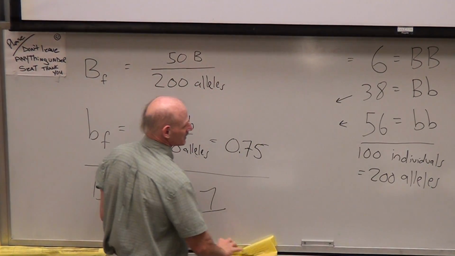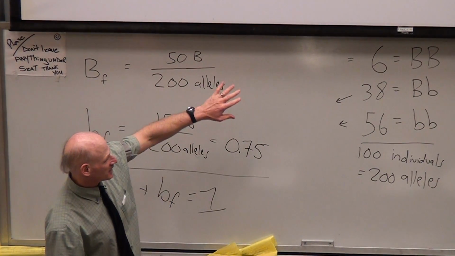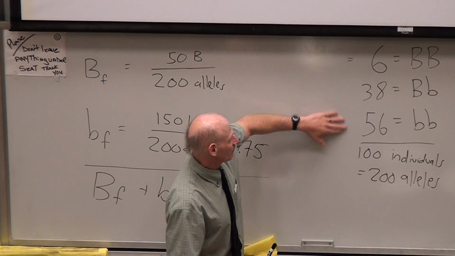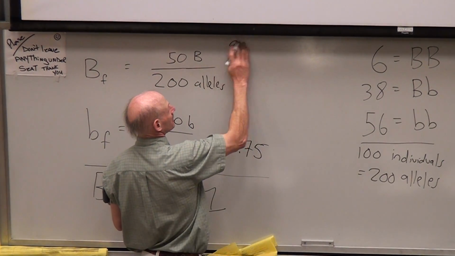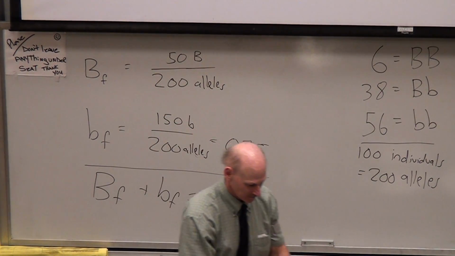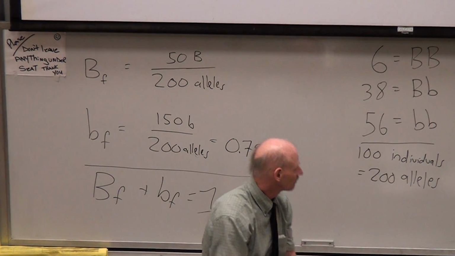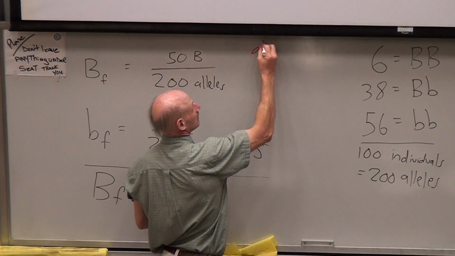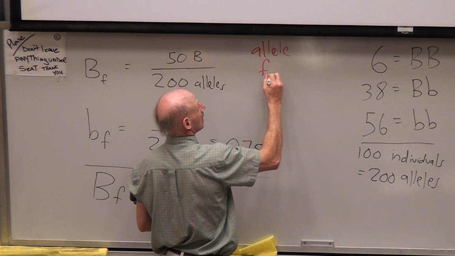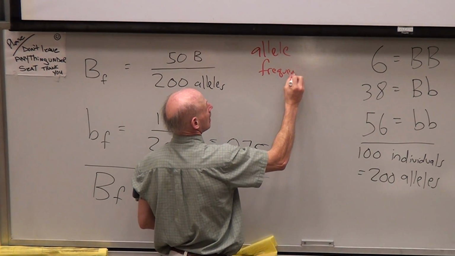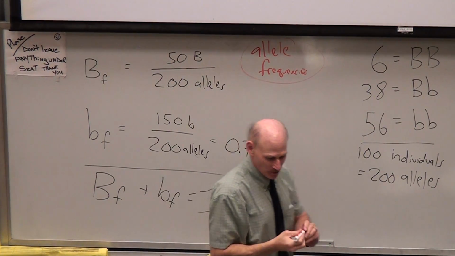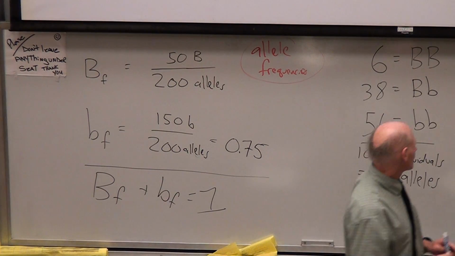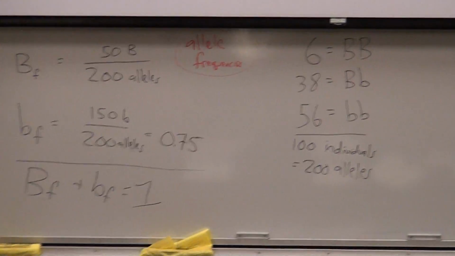Okay, now for a moment, forget the allele frequencies. Let me write these over here. These are allele frequencies on this side of the chalkboard. On this side of the chalkboard, we're going to talk about something different now, genotype frequencies.